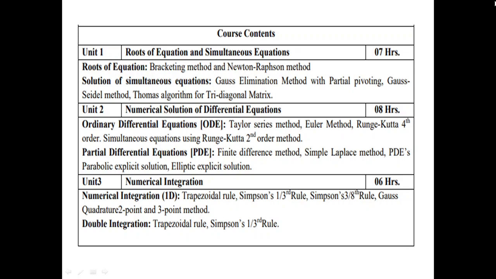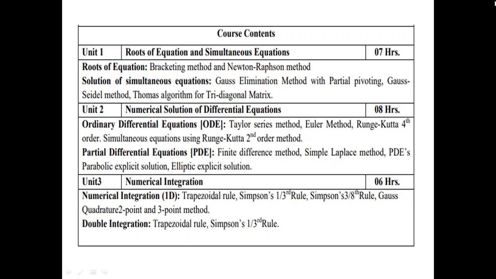When this differential equation contains all the derivatives with respect to a single variable, then it is called an ordinary differential equation. We have seen in mathematics that d square y by dx square plus dy by dx is equal to 0. That is a simple equation.